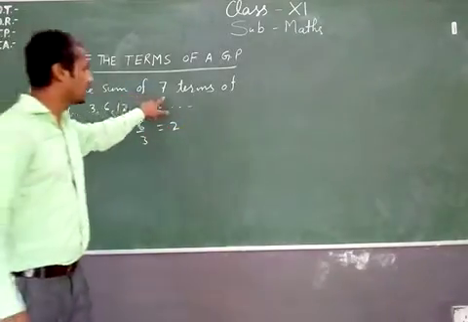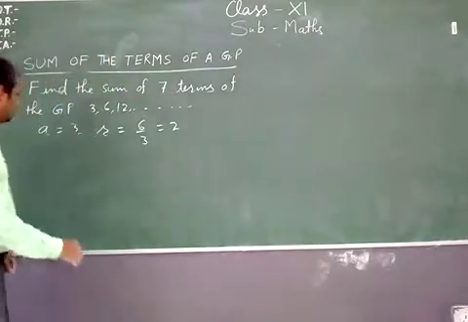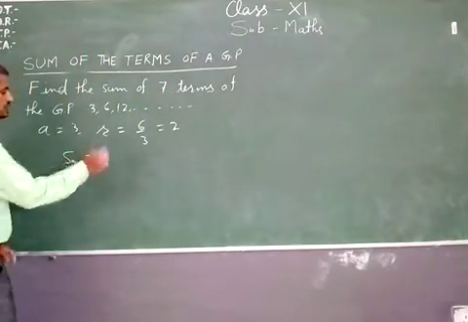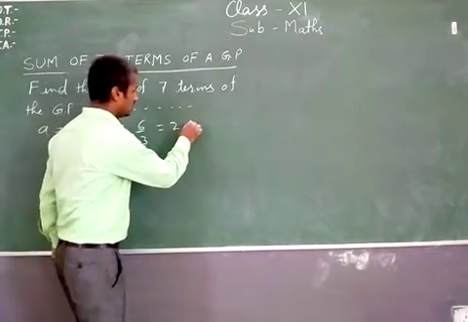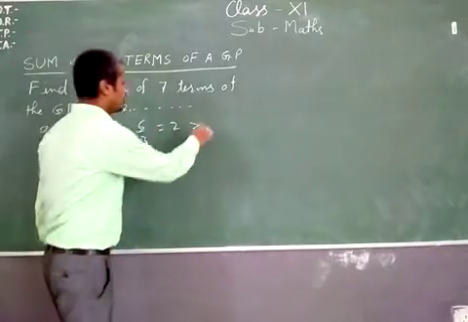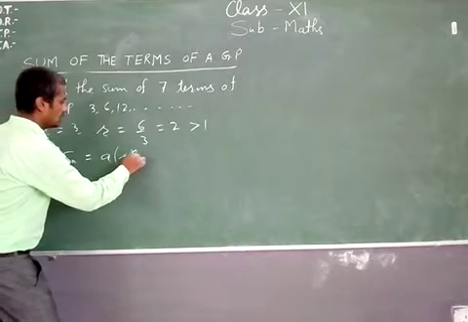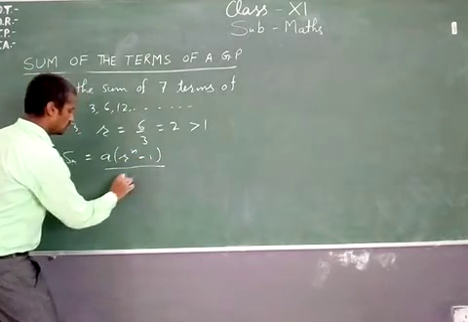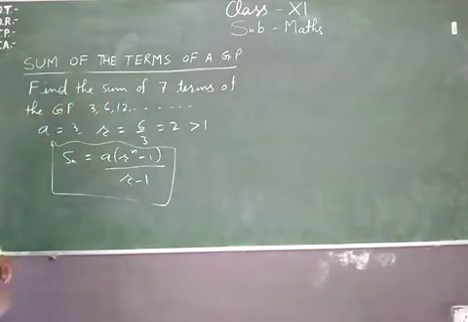We have to find the sum of 7 terms. We know that for the sum of a GP when r is greater than 1, now r equals 2, which is greater than 1, we have to apply a into r power n minus 1 upon r minus 1.